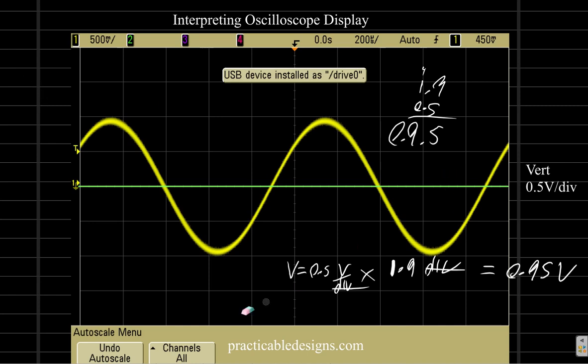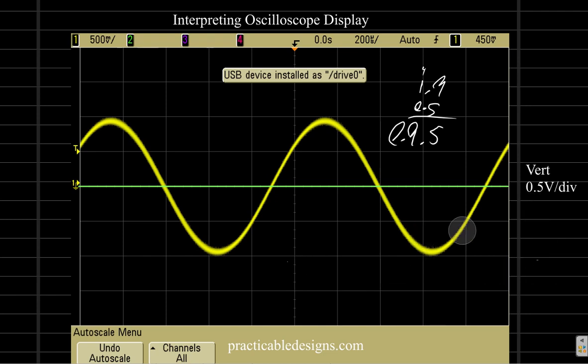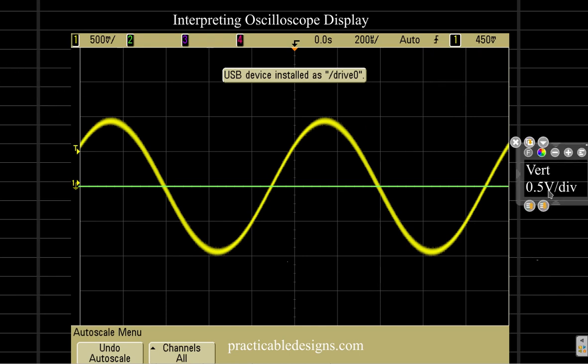Let's make some changes to this and see what would happen if we imagine that it was another setting. Suppose it was 0.1 volts per division. What would be the voltage? Estimate the voltage that's being measured, right?